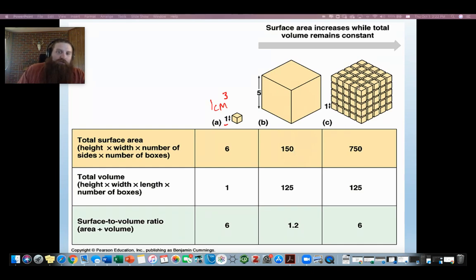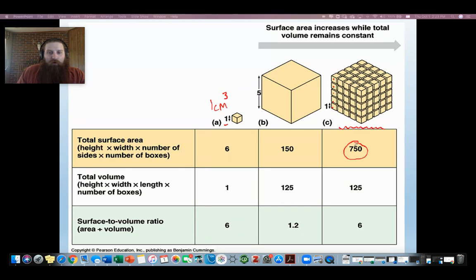Here's the exact same box over here on the right, except now instead of being one big box, we have stacked 1, 2, 3, 4, 5 of these little 1 centimeter cubes on top of each other. Now, we're taking up the same volume, but our surface area is much greater.